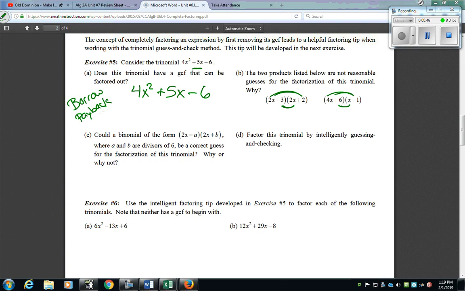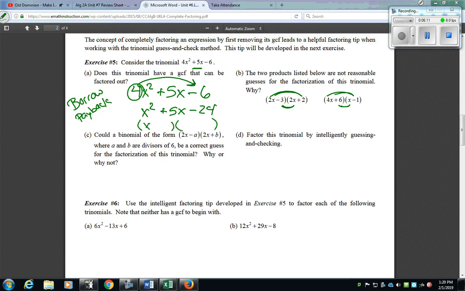So what you can try to do is you take the number in front and you multiply it by the last number. So I'm taking this right here and I'm changing it to x squared plus 5x minus 24. Now, the goal of this is to make this a little easier to factor. So if I take this, I can factor this easier.